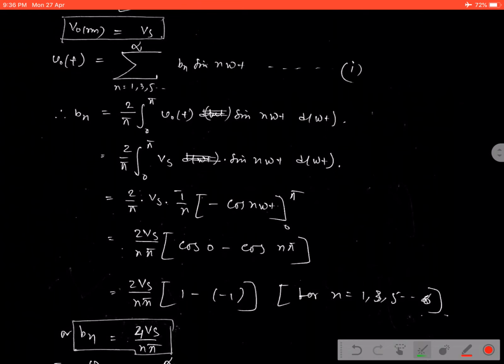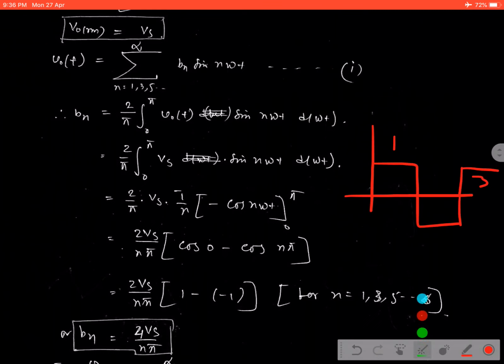And as this is half wave symmetry, as we know the output voltage is similar to this one, that means this part is similar to this part, that is called half wave symmetry. And if we go for the next cycle, that means we have taken only the odd harmonics 1, 3, then 5, then 7.